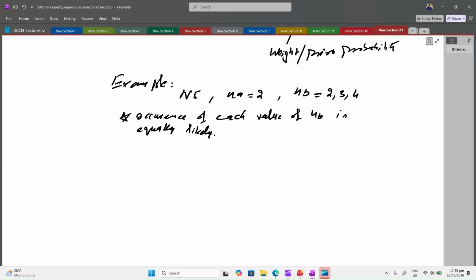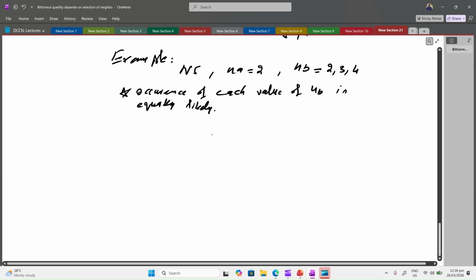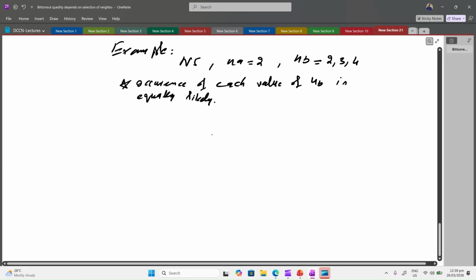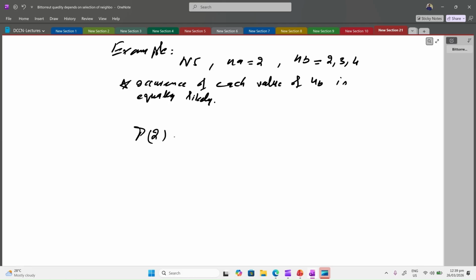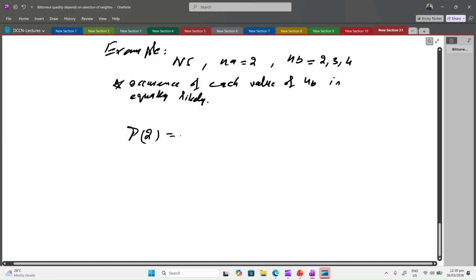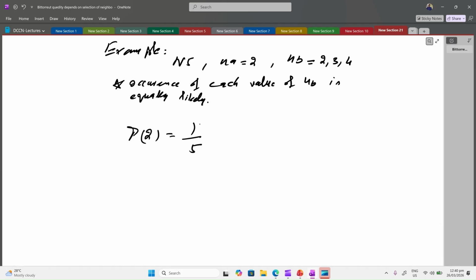Okay. So now we will need to calculate the overall probability, and we can calculate this by putting values in this formula. So probability for NA is 2 is equal to 1 by N is 5, right, into, now we have to calculate the probability for each of the possible values of NB.